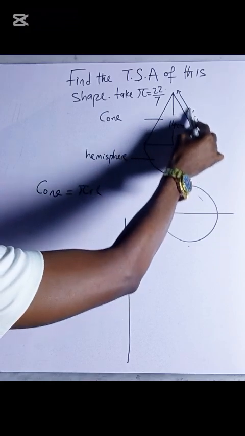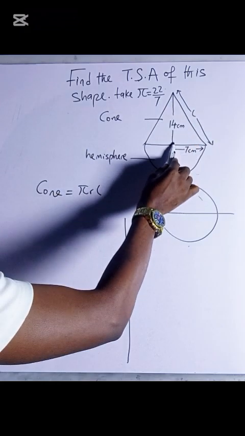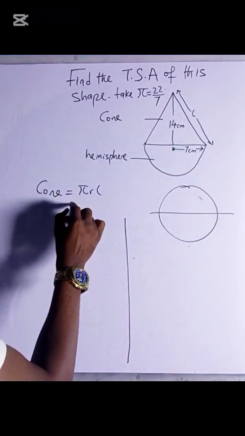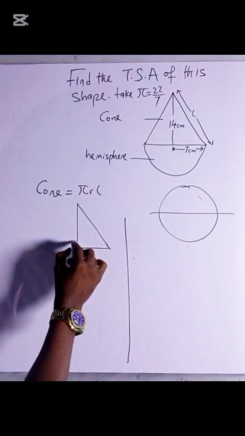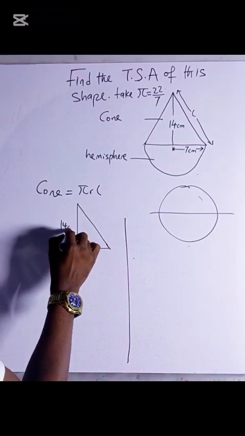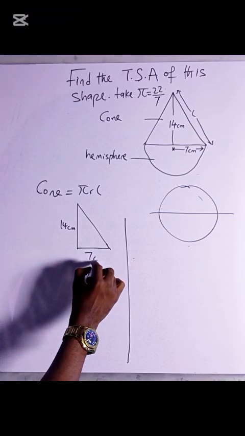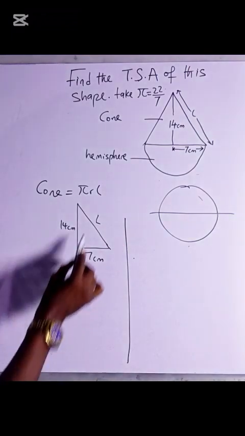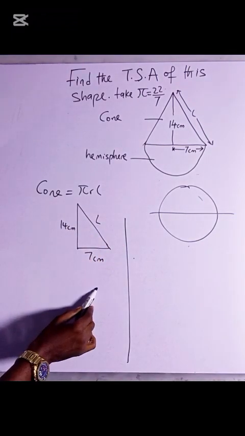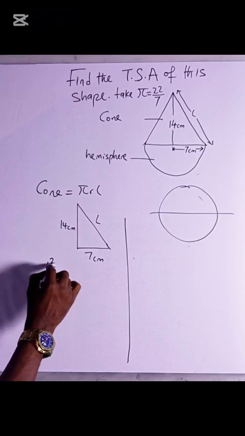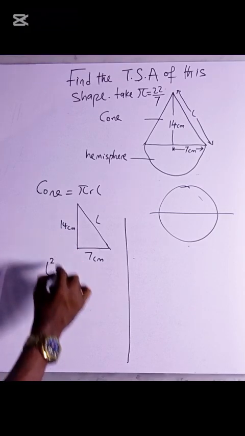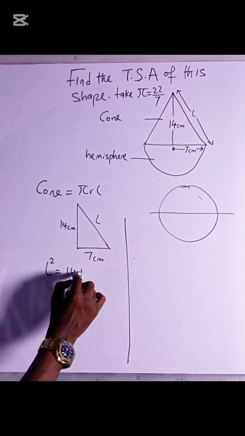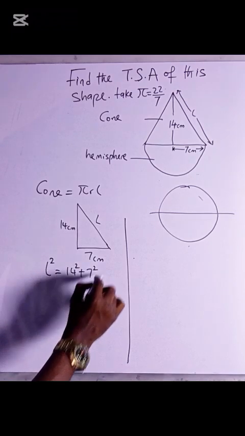So how do we get this slant height? Now look at this section of this diagram. It forms a right angled triangle. We have 14 centimeter and we have 7 centimeter. So our L can be found using Pythagoras theorem, which is L square is equals to what? The sum of the squares of the adjacent sides, 14 plus 7, both squared.